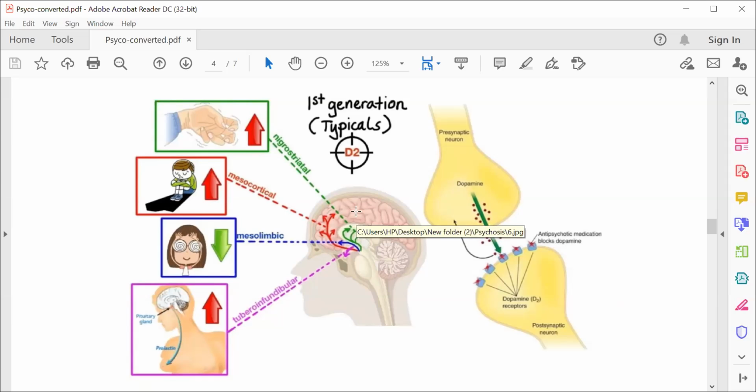So the negative symptoms will increase more. And this is one of the drawbacks of the first generation antipsychotics. When the dopamine is less in the mesocortical pathway, the negative symptoms will be more. This is why first generation antipsychotics are not favorable. Is it clear? Is anyone confused about this point?